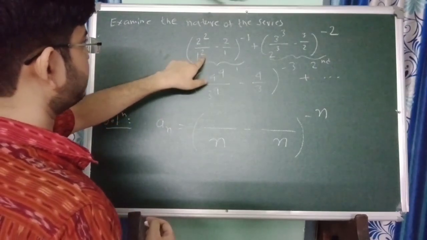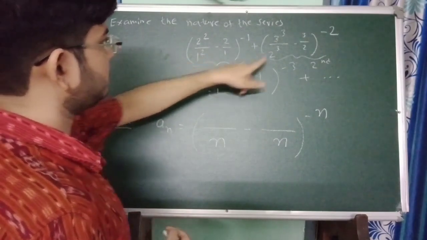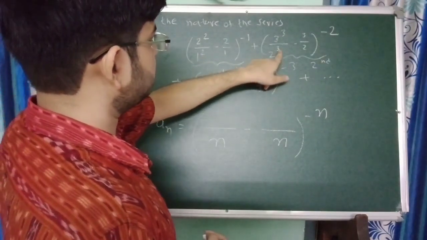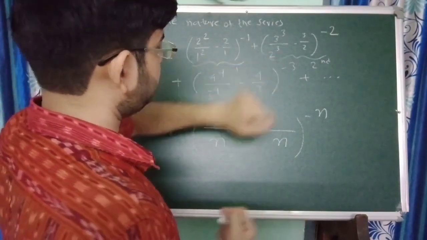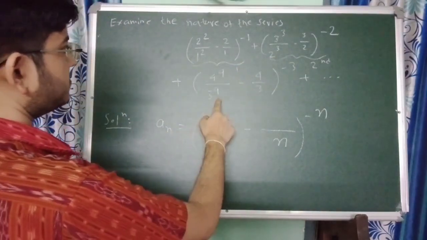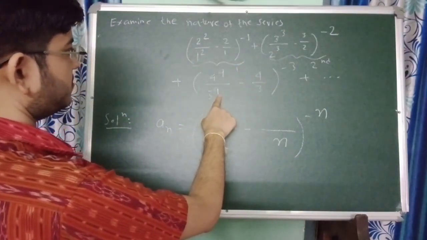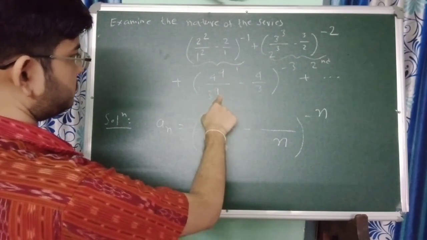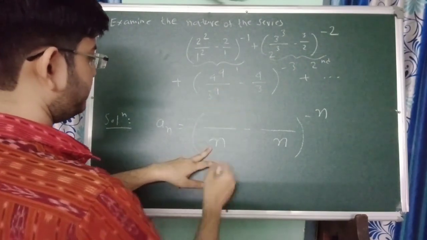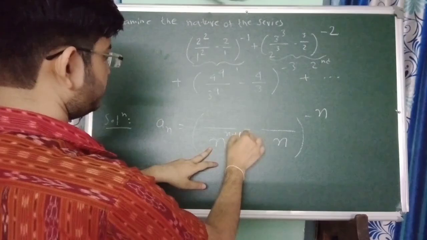In the first term this is 2, which is 1 plus 1; second term 2 plus 1, 3; and in the third term 4, which is 3 plus 1, 4. So in case of the nth term, this is to the power n plus 1.